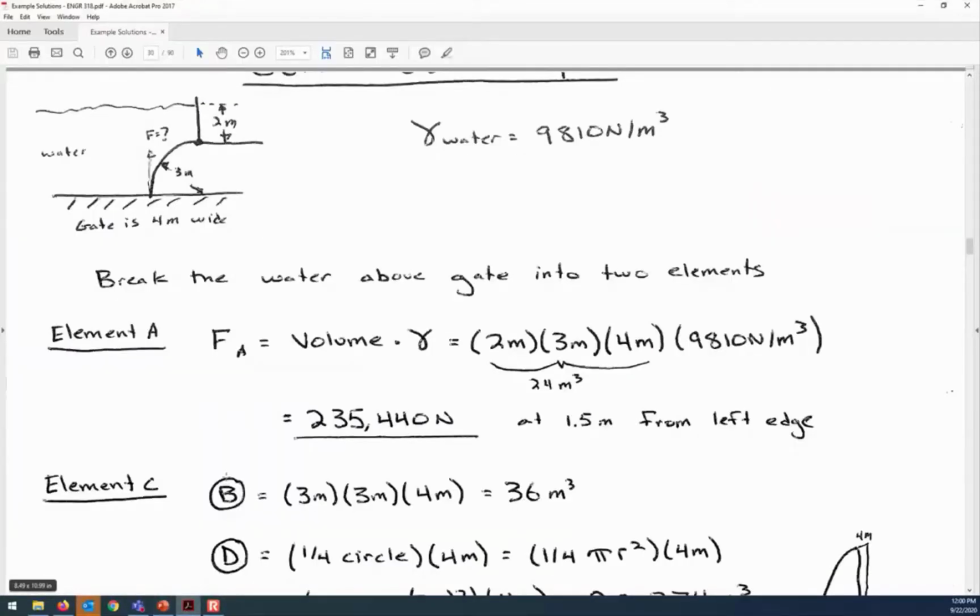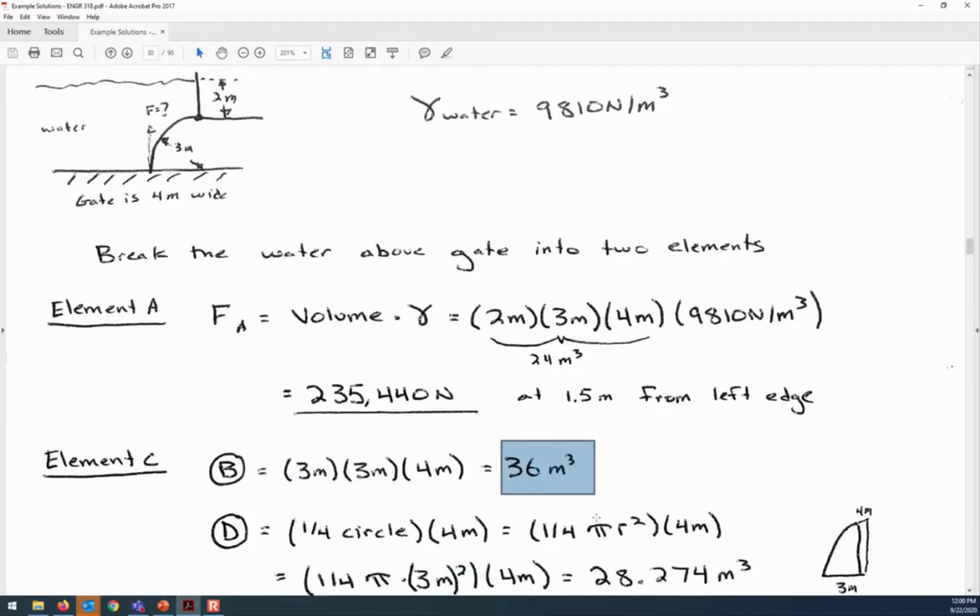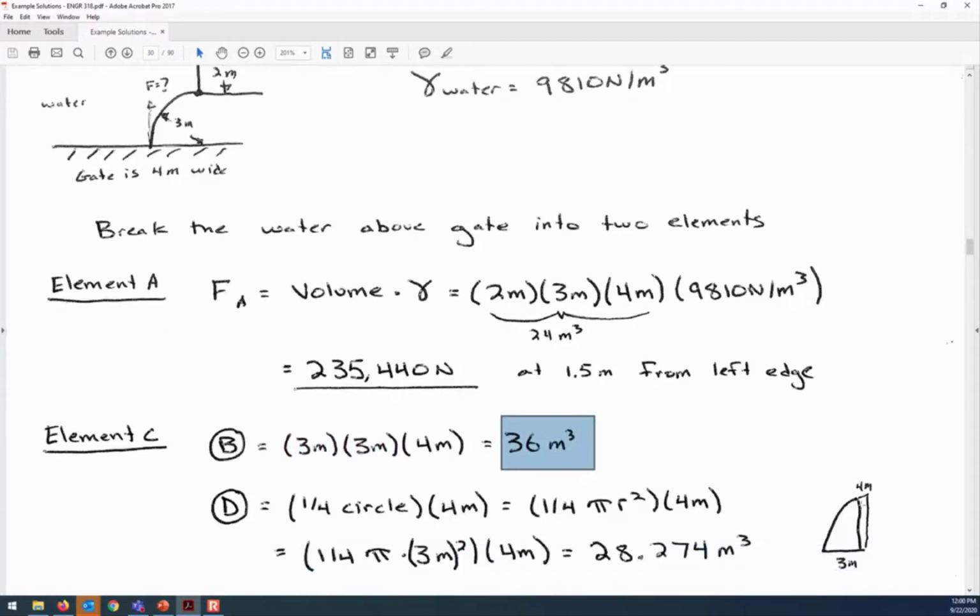All right, so I found the area and therefore also the volume of B, because I just take the area, multiply it by the distance into the page, 4 meters, and I get the volume. So that's the volume of object B. And subtract out the quarter circle of that. So it's a quarter circle times 4 meters of depth into the page. And so the resultant volume is 28.274 cubic meters.